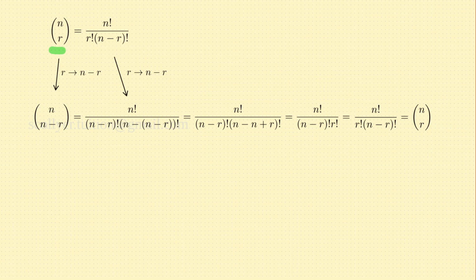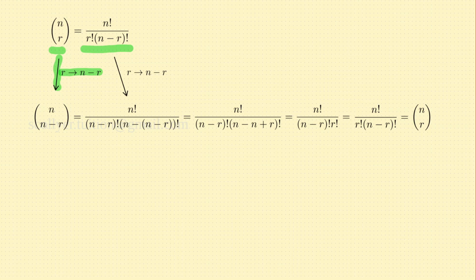We have n choose r equals n factorial over r factorial times n minus r factorial. By making the substitution r goes to n minus r, we turn n choose r into n choose n minus r.